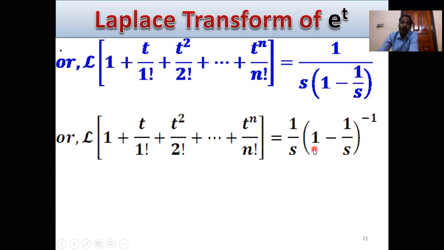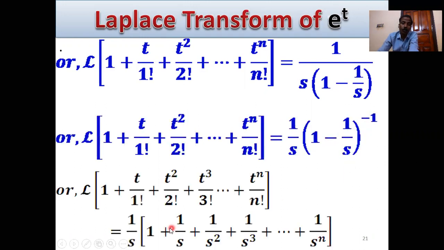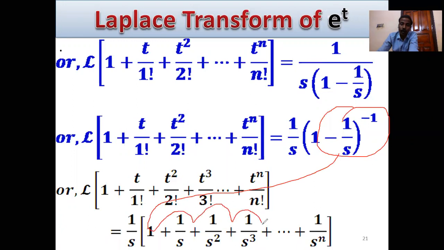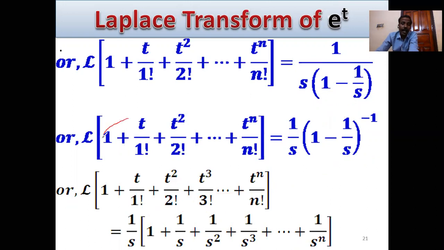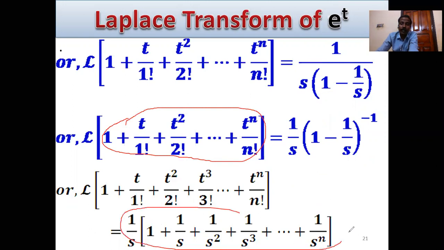This is the binomial form, equivalent to 1 plus 1 by s plus 1 by s square plus 1 by s cube plus dot dot plus 1 by s to the power n. So this portion is the exponential function, and this is the binomial expanded form.